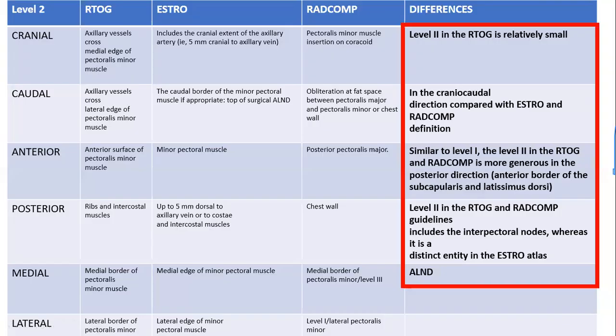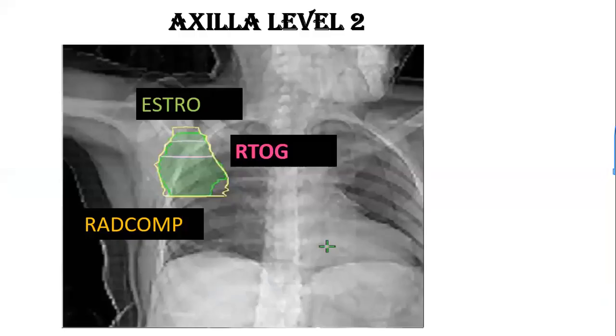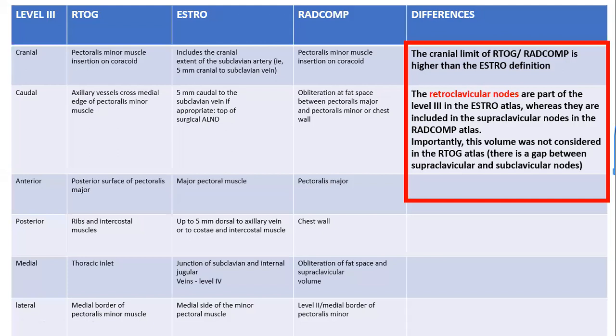Even in axillary level 2, it is similar. Yesterday we saw that the RTOG level 2 is a very small volume, whereas the ESTRO is a bigger volume. So the RADCOM guidelines simply follow the bigger ESTRO guideline.